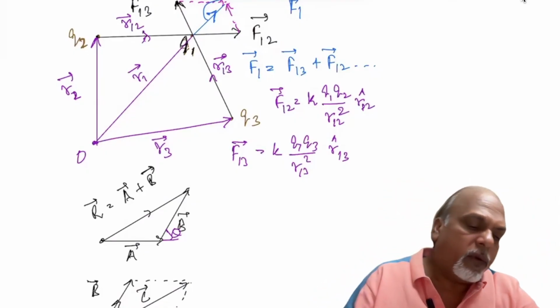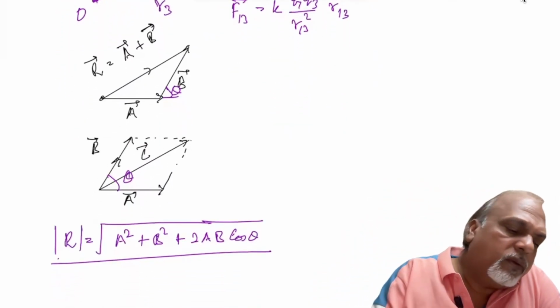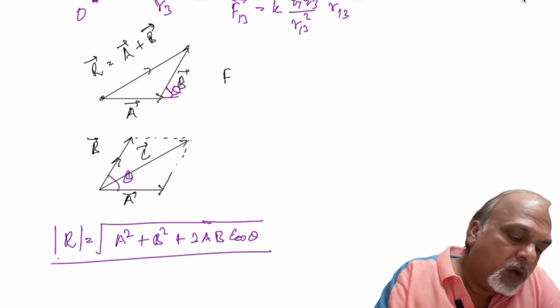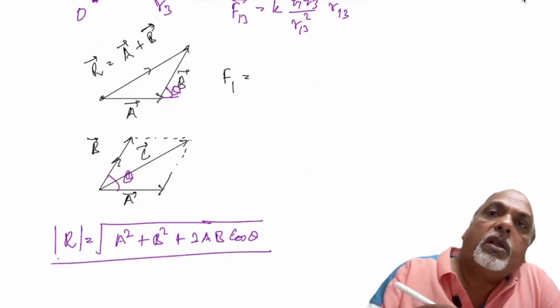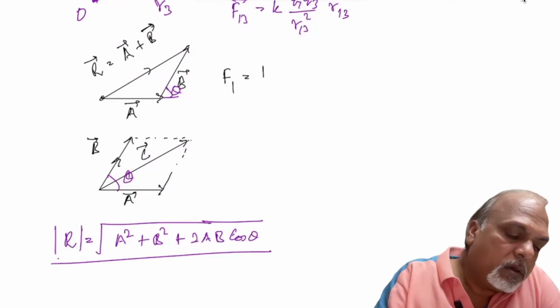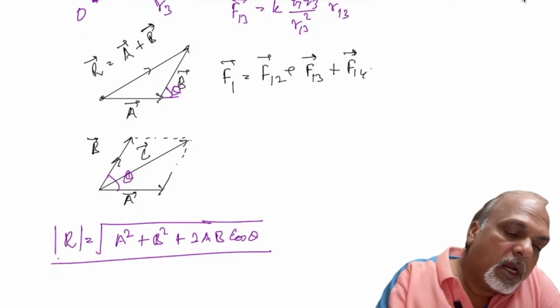So if you have a number of charges surrounding Q1, then you have to find out F12 plus F13, force on 1 due to 3, force on 1 due to 4, like that.